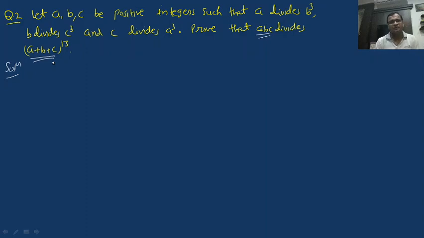Then how can we prove that the number ABC divides this?